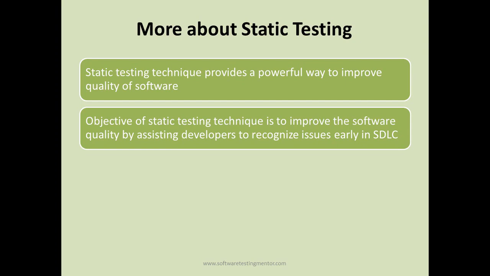Once you review the documents in the initial phases of the SDLC, in the requirements phase, the design phase, or the coding phase itself, and once you review the actual code implemented by the developer to check that it meets the coding standard and follows all the defined development procedures and processes of the organization, then you ensure that minimal defects or issues are introduced in the build or found in the testing phase.